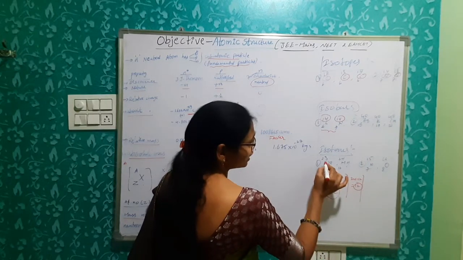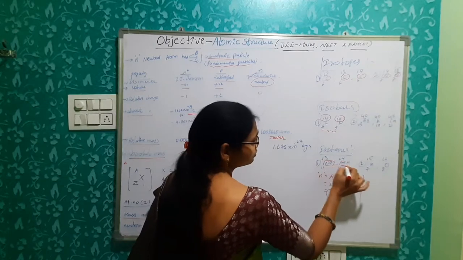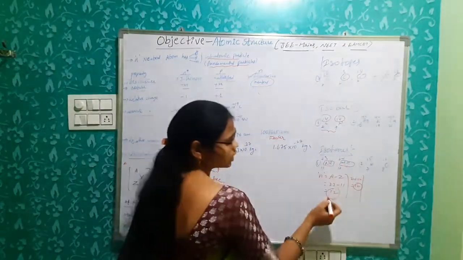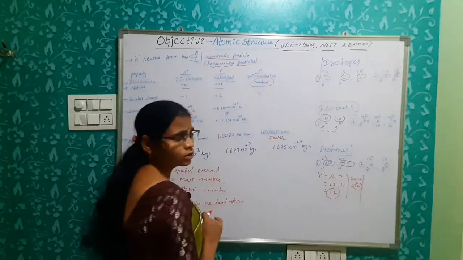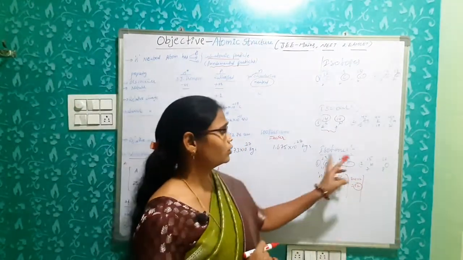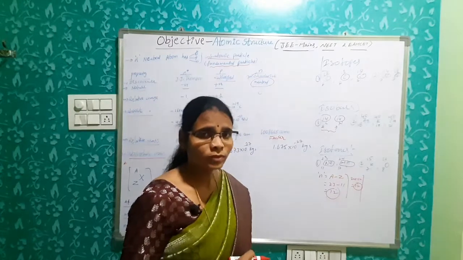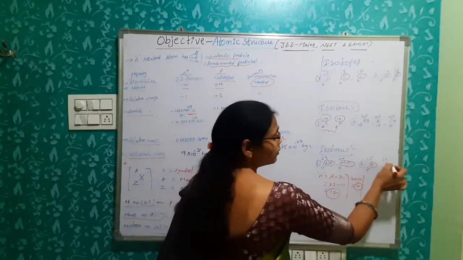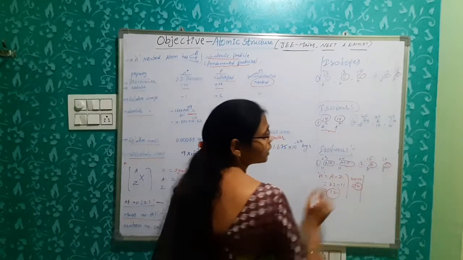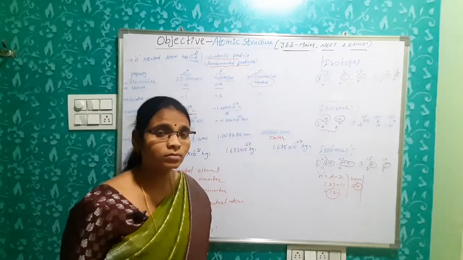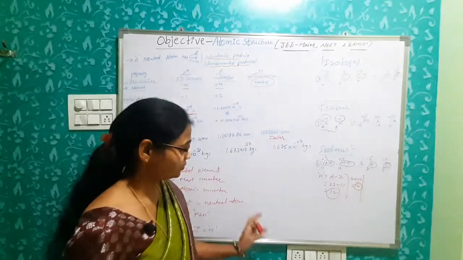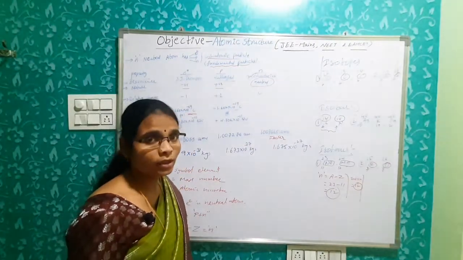Both these atoms have the same neutron number, that's why they are isotones. Iso means same, tones means neutrons. Atoms of different elements that have the same neutron number are called isotones. Clear? So let's see some objective bits on this topic.